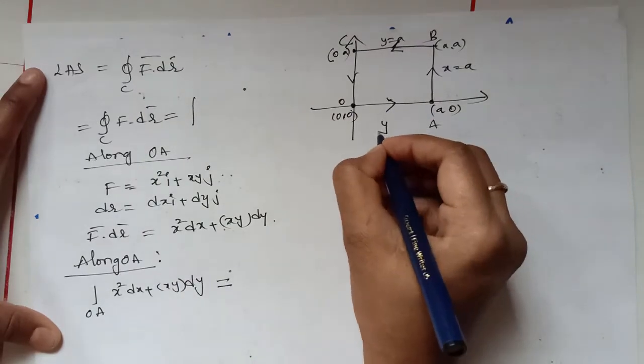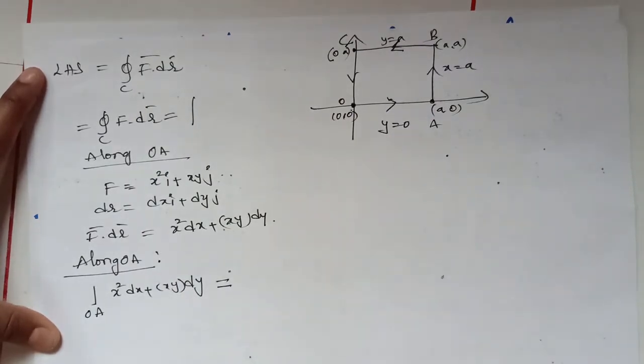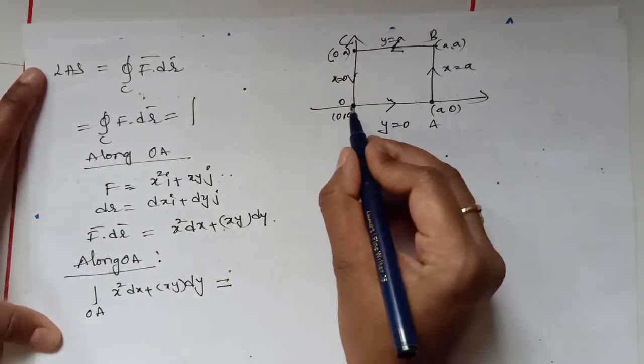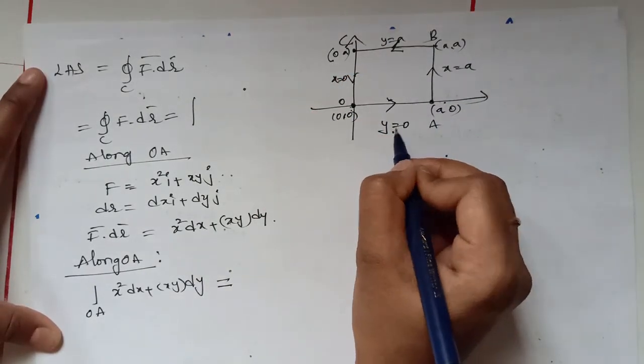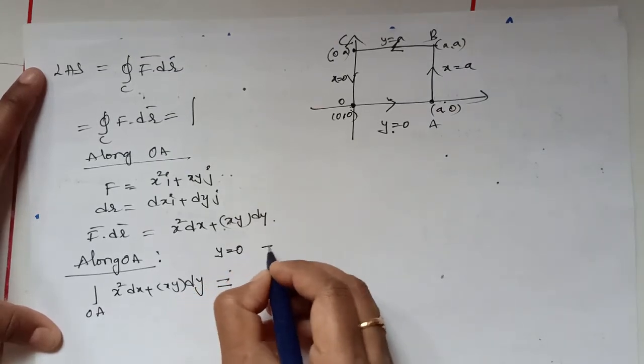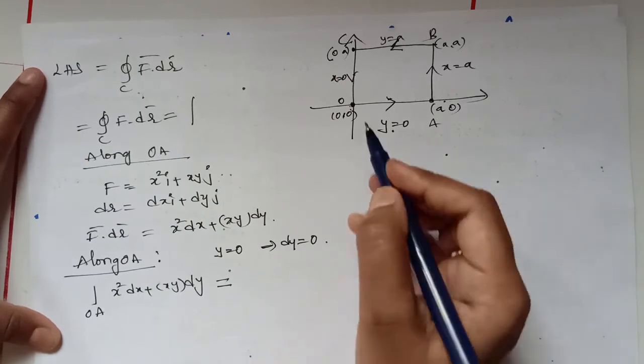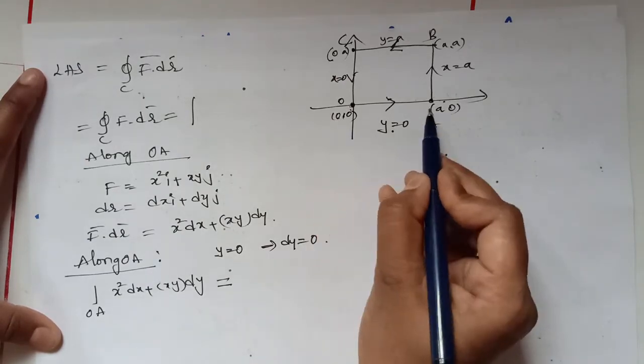Along OA, y is equal to 0. When y is equal to 0, dy is equal to 0.